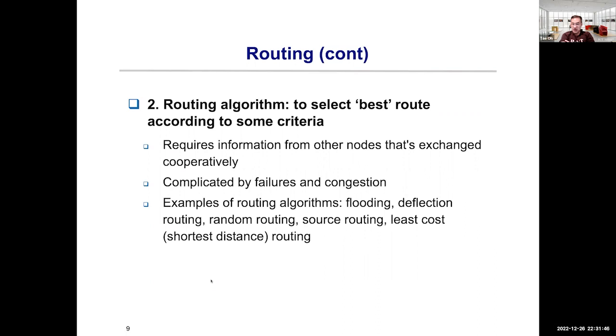It requires information from other nodes, which they exchange cooperatively, complicated by failure and congestion, because the nature of the internet is not stable. It does have some failure and congestion. That makes it really challenging to provide good quality of service. It depends on which routing algorithm you select.